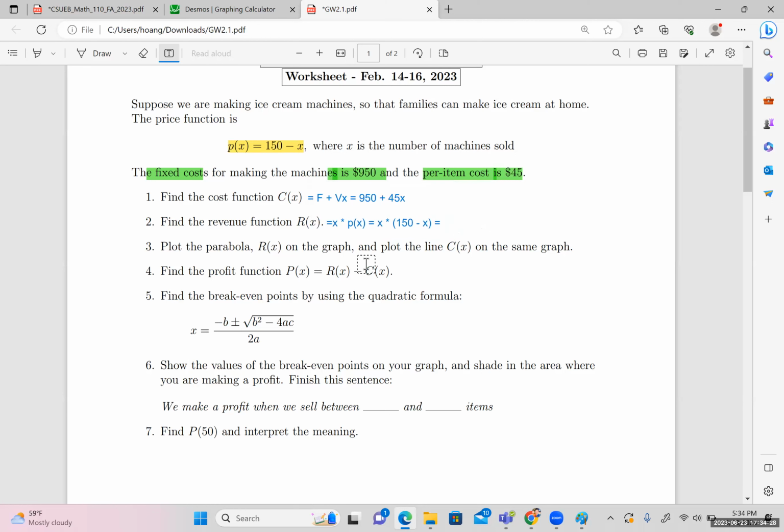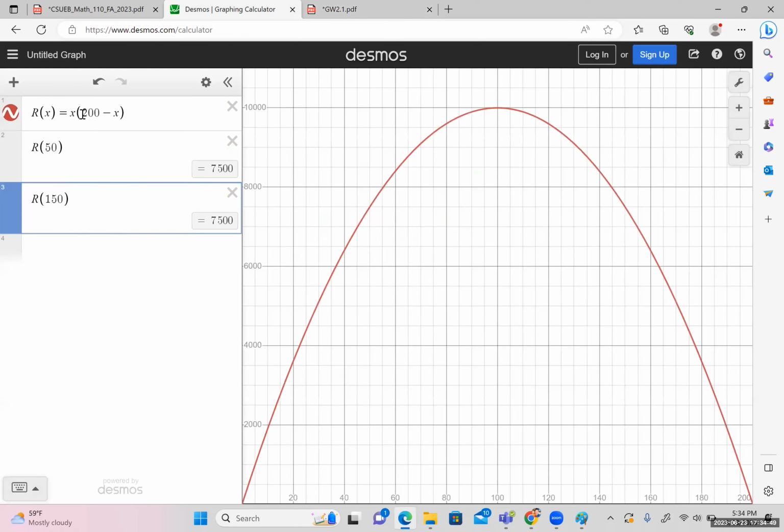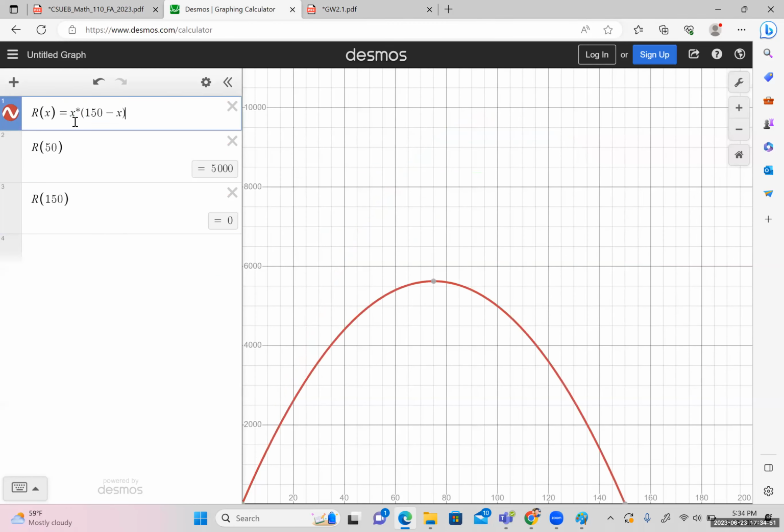You try that, okay? And after that, in problem number 3, I want you to plot this R(x) and the cost function. I would recommend that you go ahead and try to put this on Desmos first, so then you can have some idea with that.